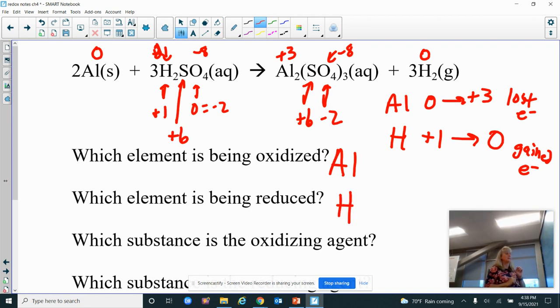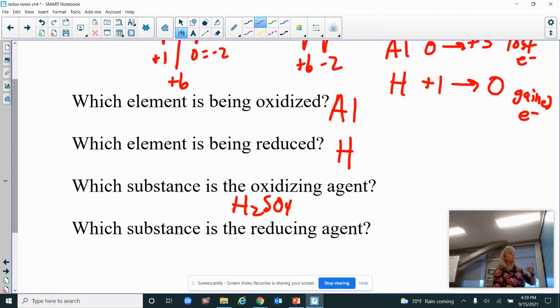Now, which one is the oxidizing agent? Again, you have to remember the oxidizing agent is the reactant containing the substance being reduced. So here is the substance containing the element being reduced. So H2SO4 is the oxidizing agent.